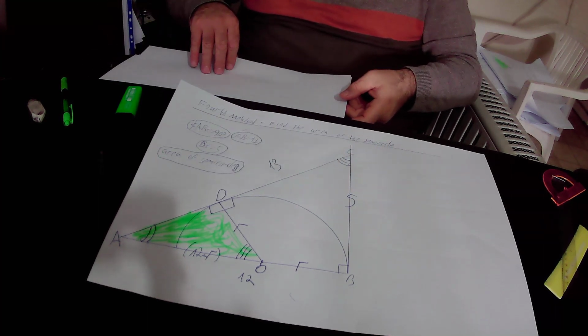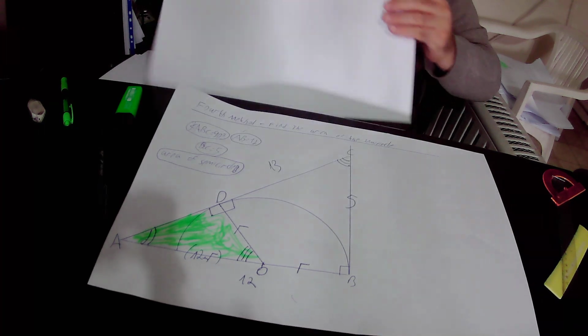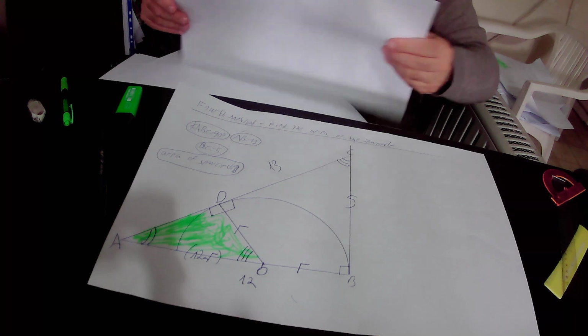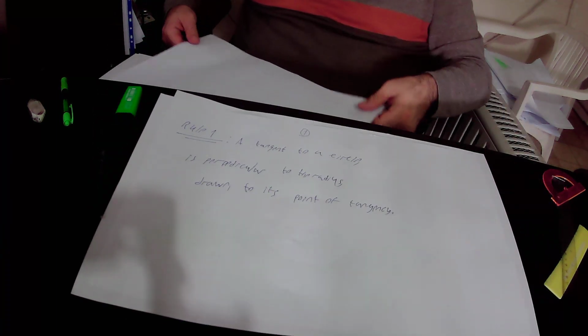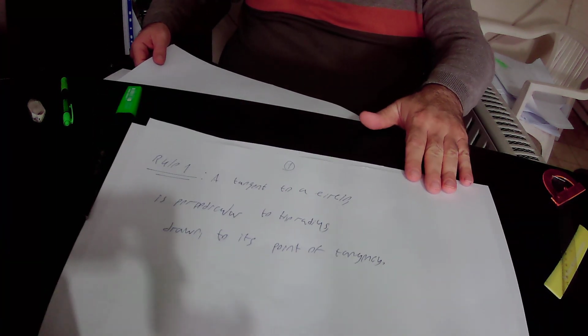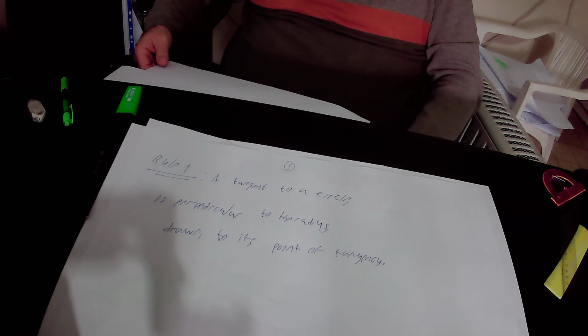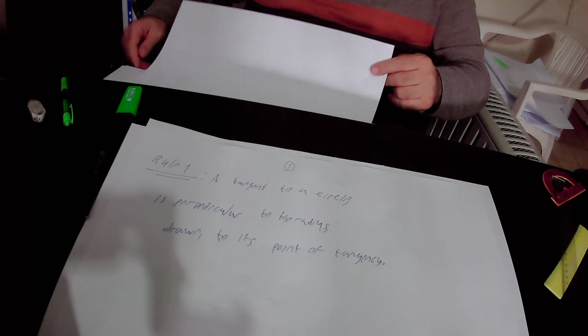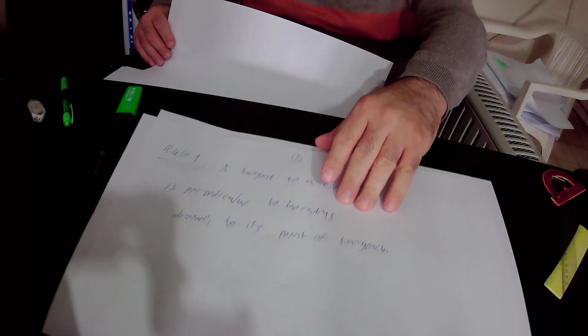Okay, so first of all, I presented to you rule number 1. According to rule number 1, a tangent to a circle is perpendicular to the radius drawn to its point of tangency. So what is the meaning of rule number 1?